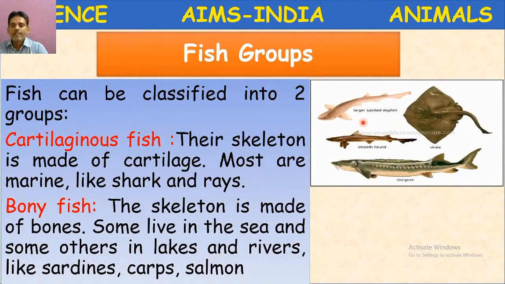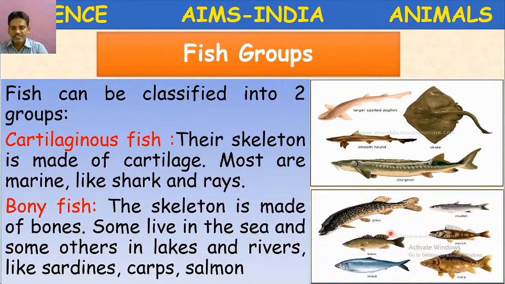See here, cartilaginous fish, shark. These are shark, small, and skate or torpedo, the electric ray fish. Then smooth hound, it is also a sea fish, cartilaginous fish. And sturgeon, it is also a shark type, cartilaginous fish.